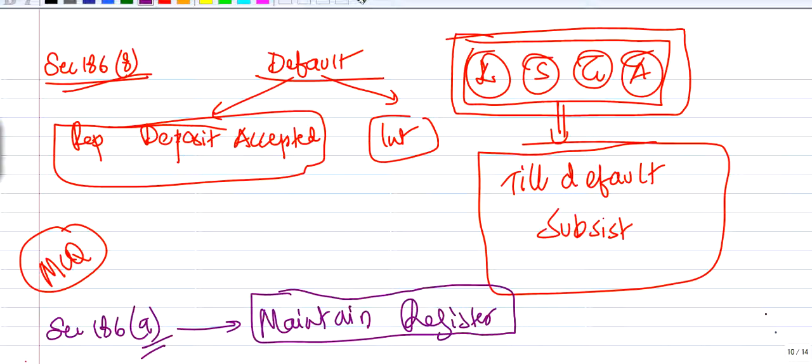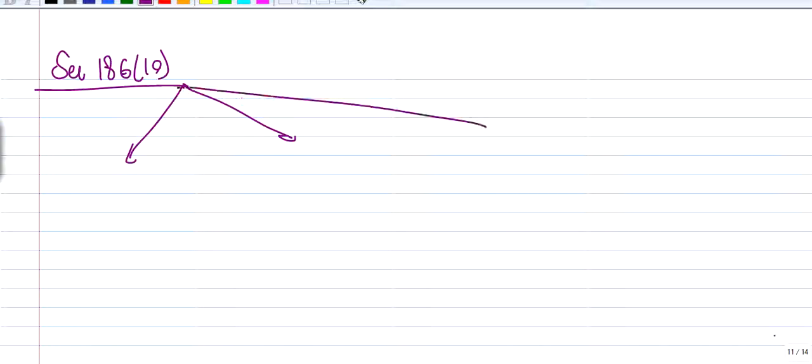Moving on to 10, section 186(10). This has 3 points. Register has to be maintained at the registered office, and open for inspection.